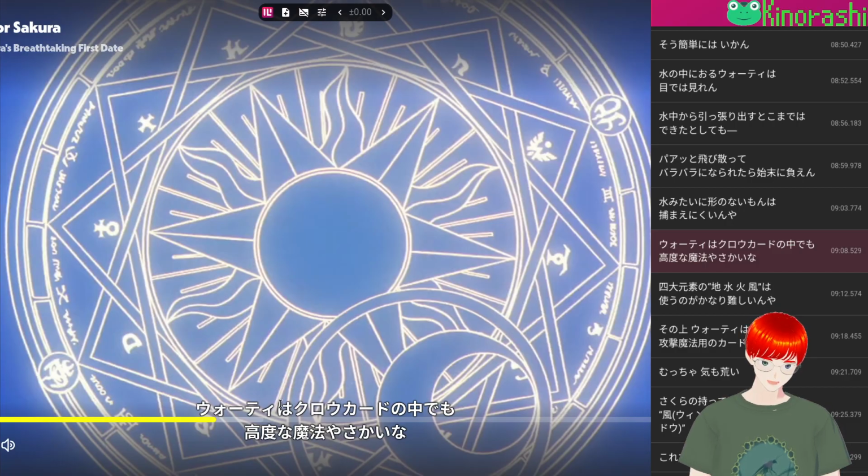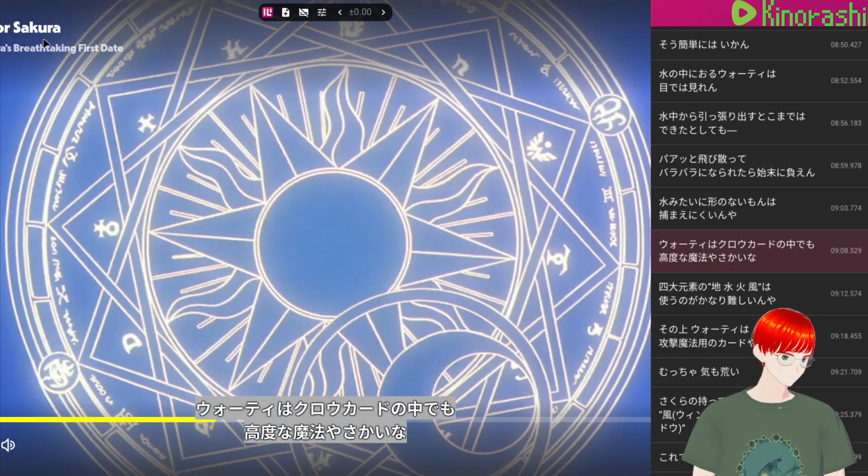So, as for water within the cloud cards, it's considered high level magic, or it has strong magic. So yeah, water is basically one of the stronger magic cloud cards, I'm guessing is what it's saying.